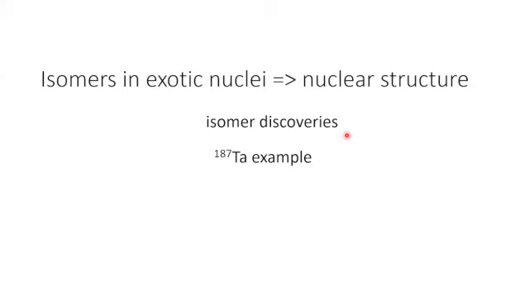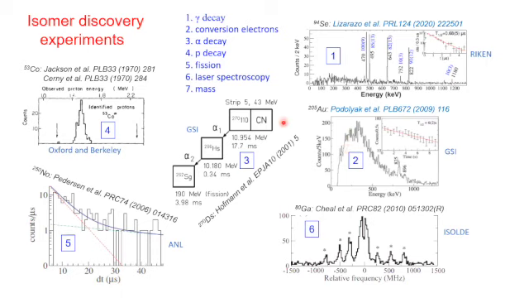But in fact, there are quite a large number of techniques that one can use to discover new isomers. And here's a bit of a menagerie, rather a lot of different pictures, but the background is quite simple. Number one refers to gamma decay, and this is just an example of a gamma ray spectrum coming from an isomer measured at RIKEN, happened to be in 2020.